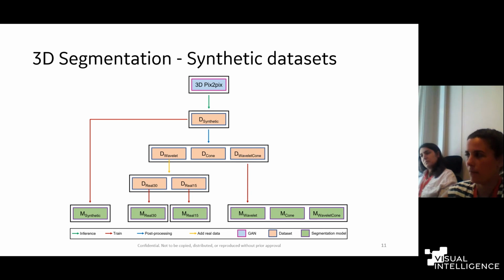The model that was trained on the wavelet data provides more accurate segmentations than the model trained on data which had the cone reshaping transformation. And some of my previous results also show that including real data together with synthetic data also improves the final segmentation. So those are some initial results that I have.